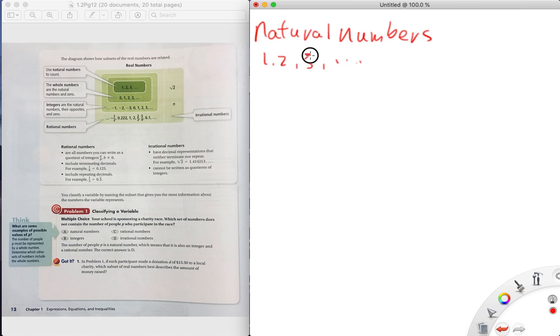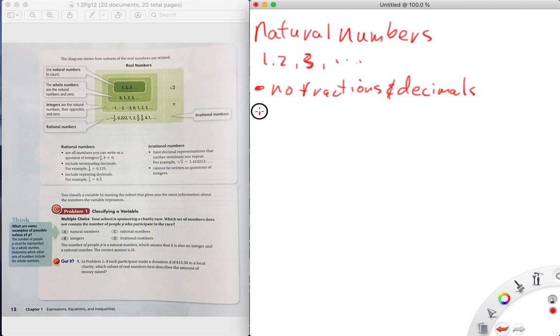That means it goes on forever. So the first condition is no fractions and decimals.